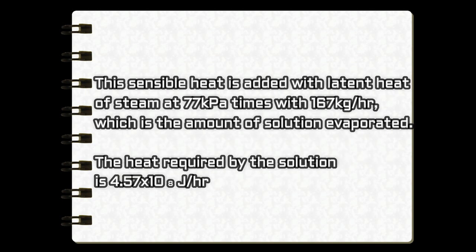This sensible heat is added to the latent heat of steam at 77 kPa times 167 kg per hour, which is the amount of solution evaporated. The heat required by the solution is 4.57 times 10 to the power of 8 joule per hour.